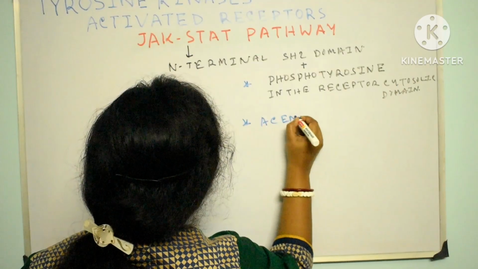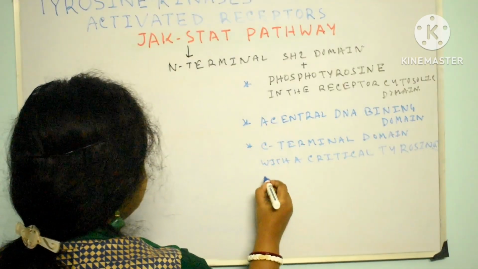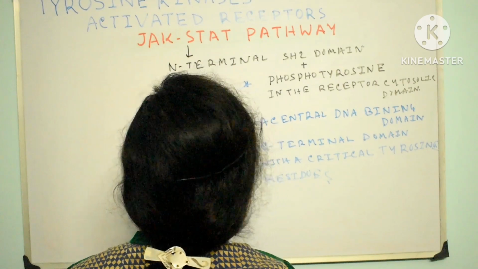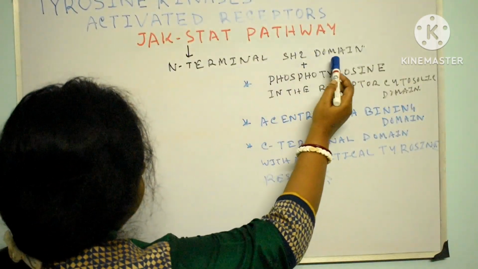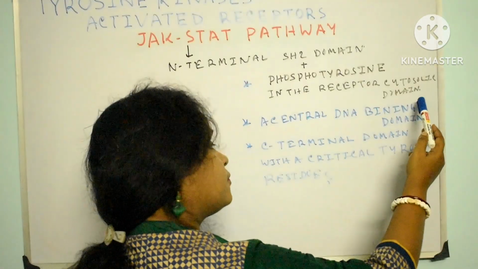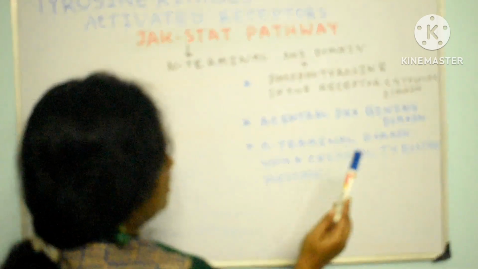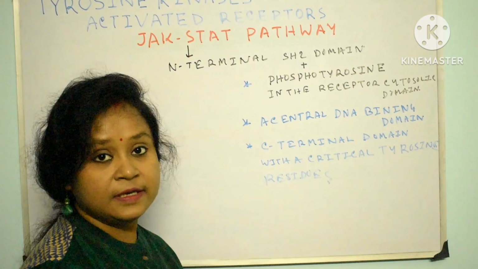A central DNA binding domain, a C-terminal domain with a critical tyrosine residue. So STAT has an N-terminal SH2 domain through which it can bind with phosphotyrosine in the receptor cytosolic domain, a central DNA binding domain, and a C-terminal domain with a critical tyrosine residue.